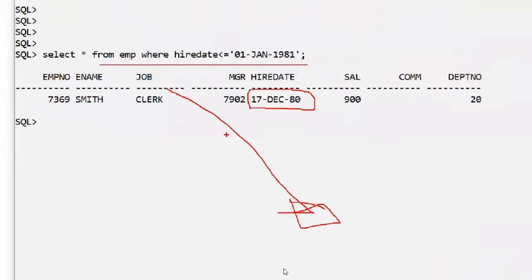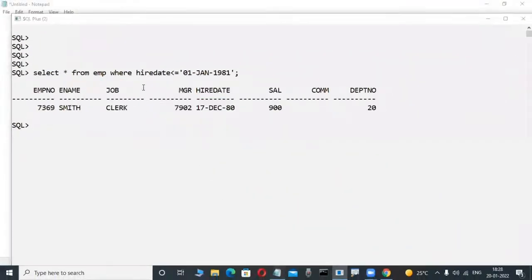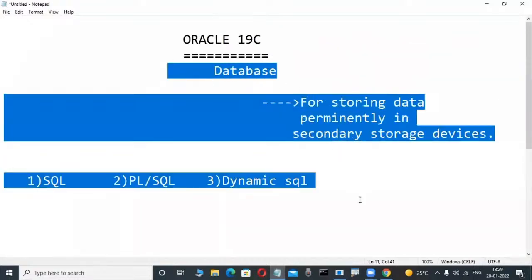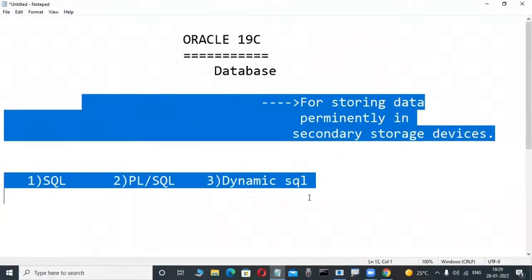That's why efficient data retrieval is so powerful, and it is possible only through these databases and languages.